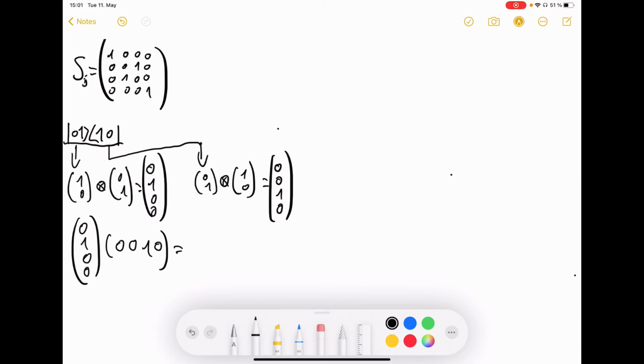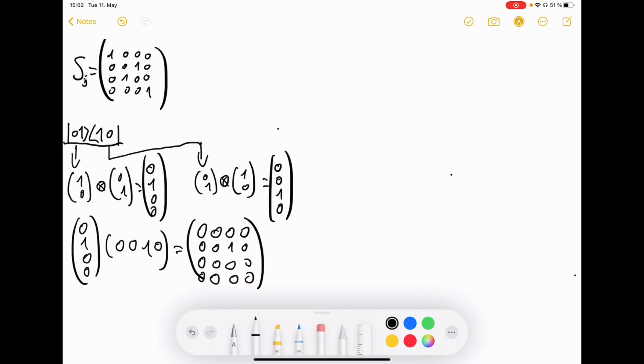Then we create the matrix out of that, which is 0 times 0 and so on. The first row will be all zeros. The second row will be all zeros except that one here. The third row will be all zeros, and the fourth row will be all zeros as well. Okay, so now we have the first part of that.